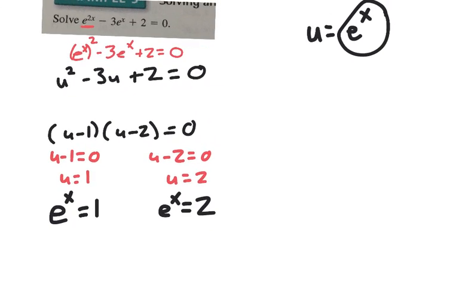Now to solve for x, which is stuck in the exponent, I'm going to take a natural log of both sides on both equations.